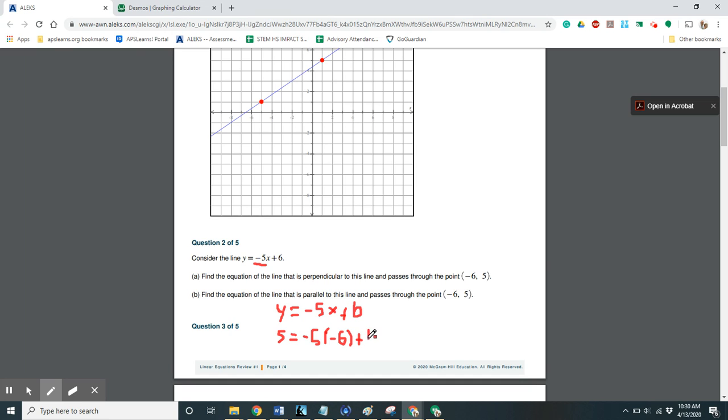Multiply -5 times -6, which is 30. So 5 is equal to 30 plus b. Subtract 30 from both sides.